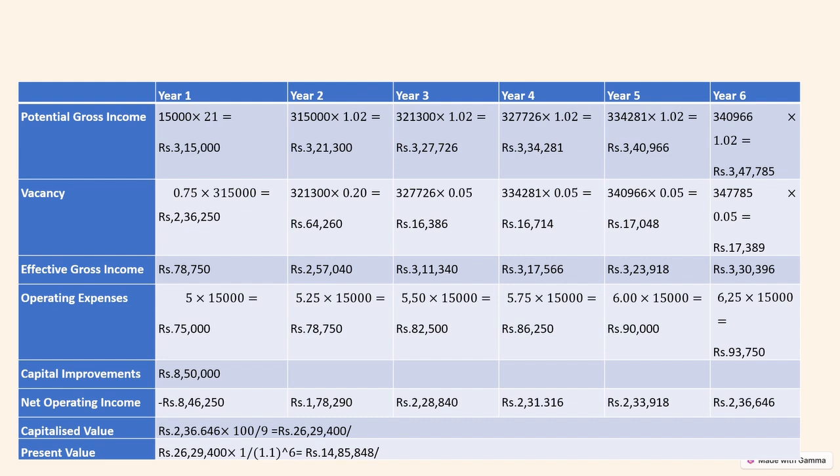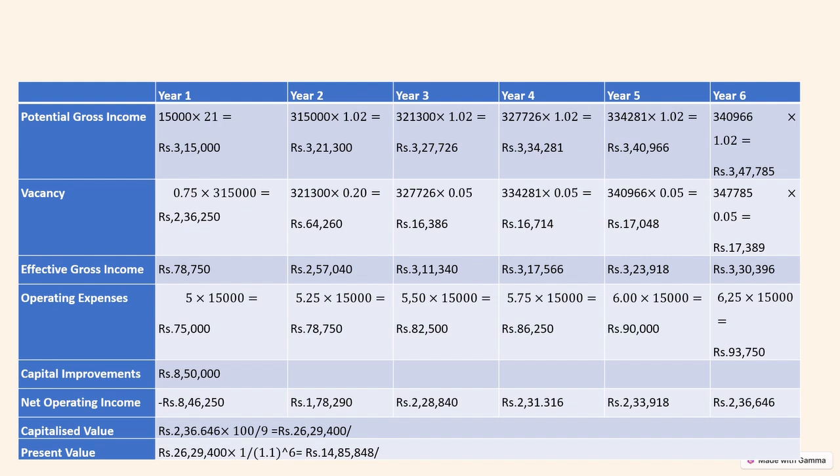So see here, from the fourth, fifth, and sixth year, the net operating income remains approximately the same: 231, 233, 236. So we will take this six years' income as the base for calculating the capitalized value. So net operating income is 2,36,646.